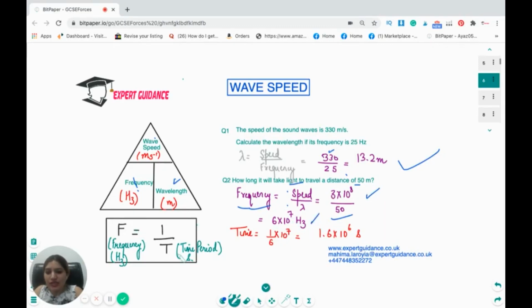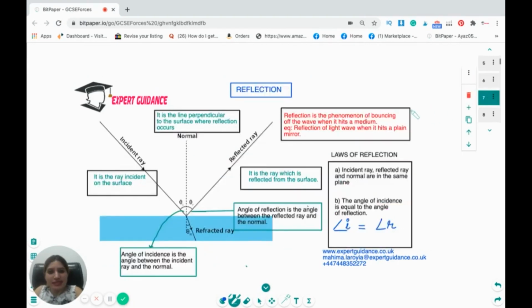And you know frequency is 1 over the time period, so time period will be 1 over the frequency. So when we do 1 over 6 times 10 to the power 7, we will get the answer 1.6 times 10 to the power minus 6. Okay, so I hope this formula and how to work out the wave speed and the wavelength is clear to you.